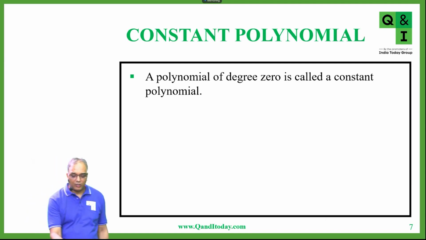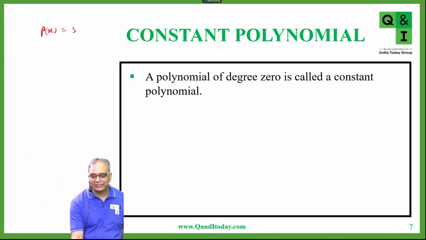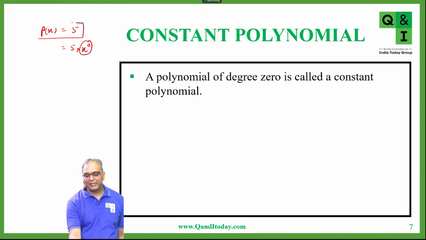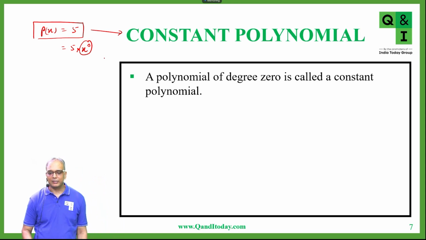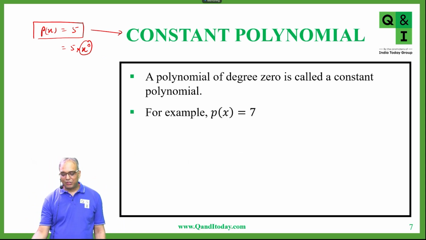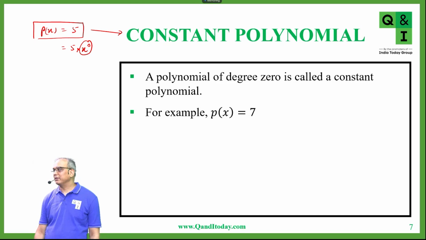For example, we have p(x) = 5. So this means 5 into x to the power 0. So the degree of this polynomial is 0. So that's why this polynomial p(x) = 5 is called a constant polynomial. Correct? For example, p(x) = 7 is a constant polynomial.